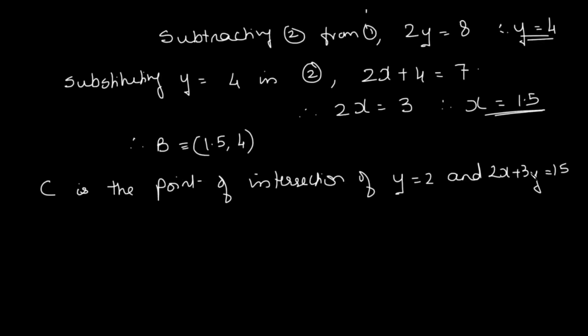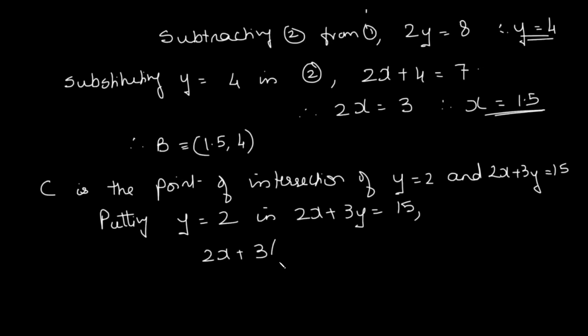Now y is already 2, so the y coordinate of C is already known. We put this over here, so putting y is equal to 2 in 2x plus 3y is equal to 15, we are going to get 2x plus 3 into 2 is equal to 15, or 2x is equal to 15 minus 6, which is 9.